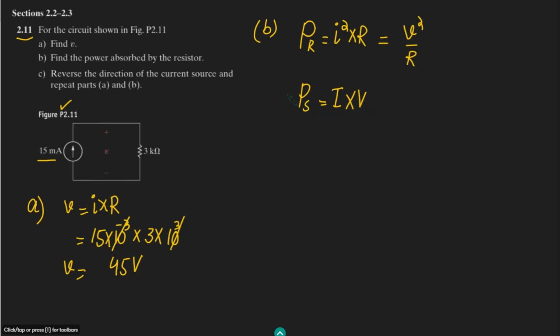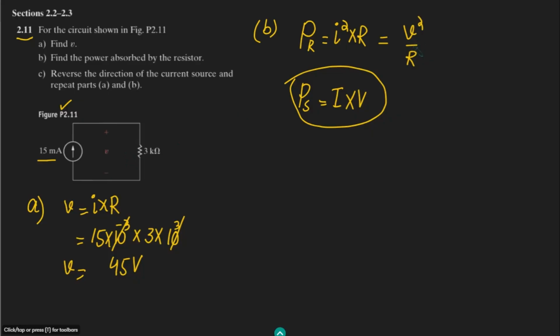So this is for the sources, while these are for the resistors. For the impedances, we will discuss them in our upcoming videos. Till now, let us concentrate on the resistors, as we have a resistor here. You can take any of these formulas and it will give you the same output.